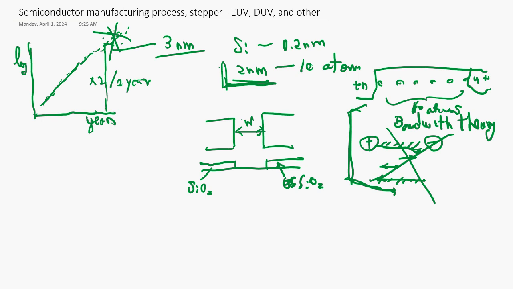Typically, when we talk about transistor size, the width is the size of a transistor, but this length is also important in the MOS, right? Remember, the current I is related to W over L. So you want to make both small.